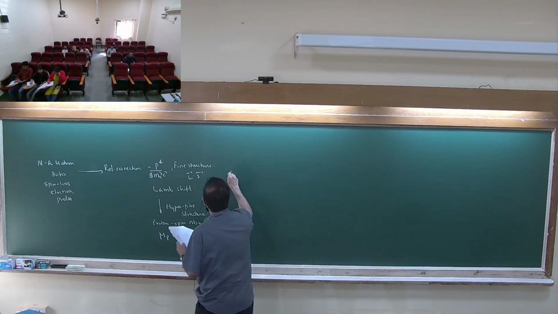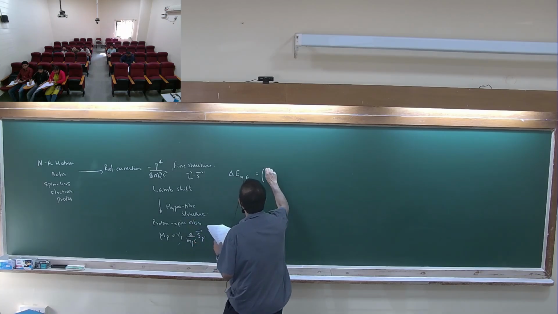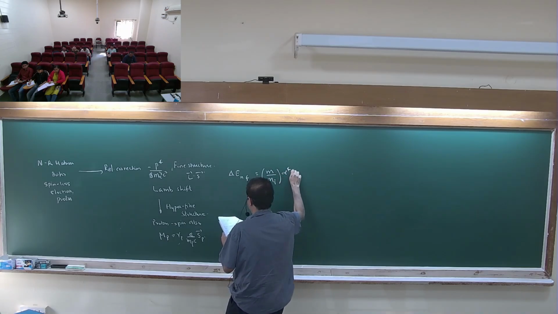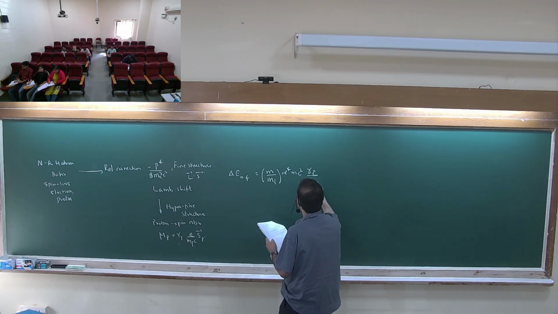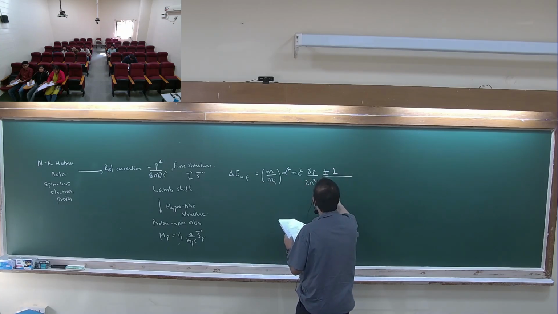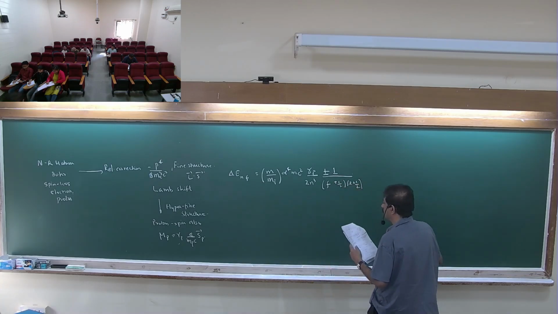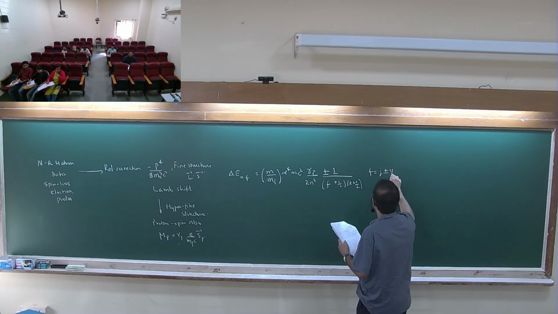Then we have the splitting delta E_nF, nth order, due to the hyperfine, which goes as m by m_p alpha to the 4 m c squared gamma_p by 2n cubed, and then it is plus minus 1 divided by (f plus half)(l plus half). The plus and minus is according as f equals j plus minus half.